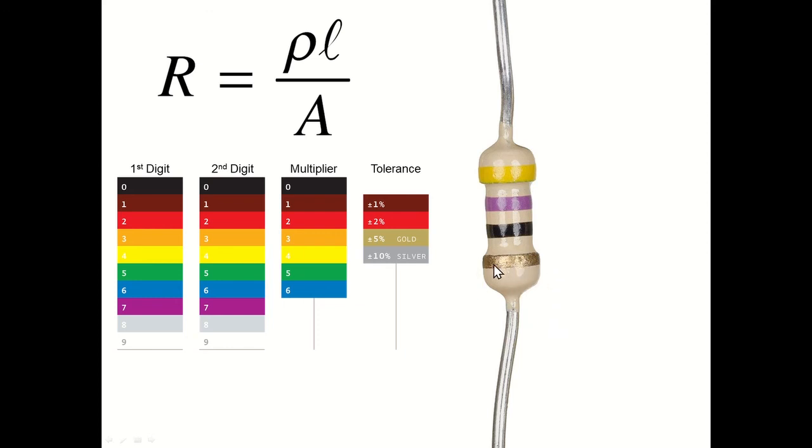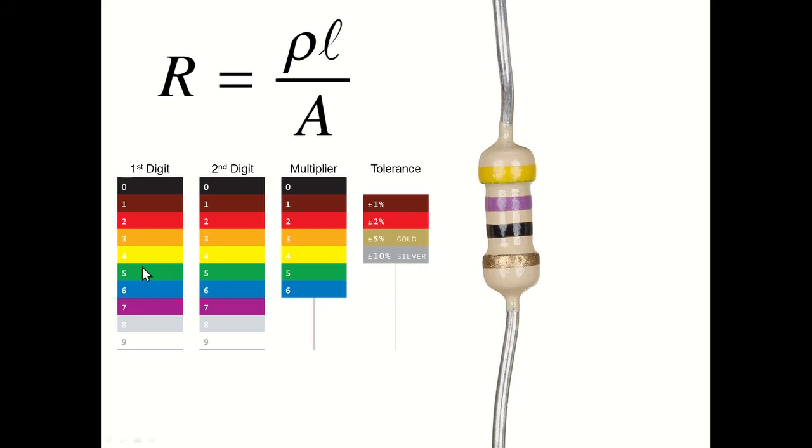First thing we need to see is that usually, always, you'll find a gold stripe on here, and it's going to be metallic, so it should be easily seen as being gold. But gold is the 5% tolerance, that whatever number we measure here, the plus or minus value would be 5% of that.